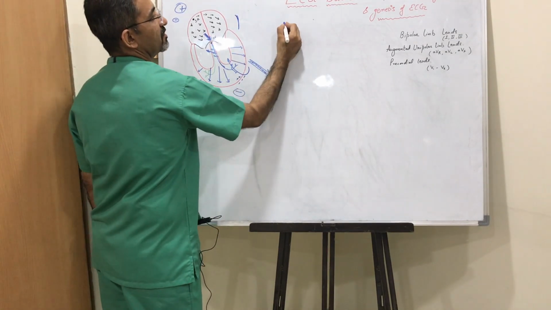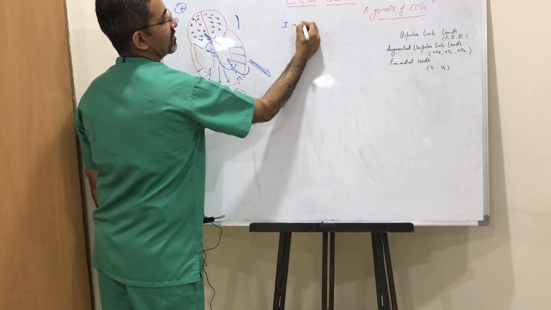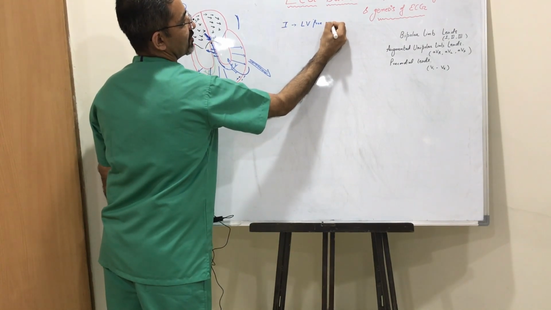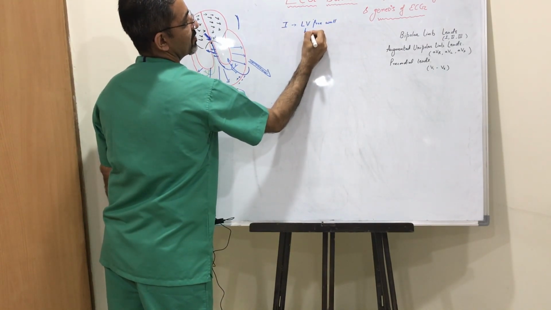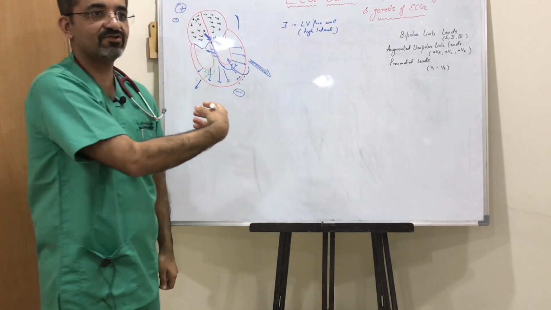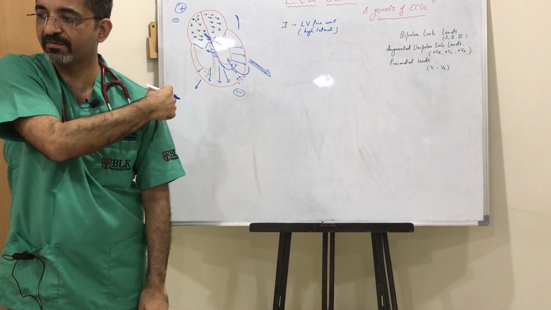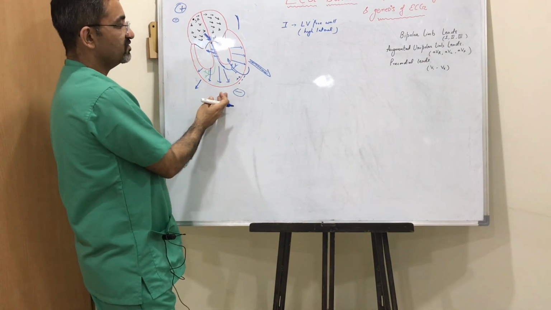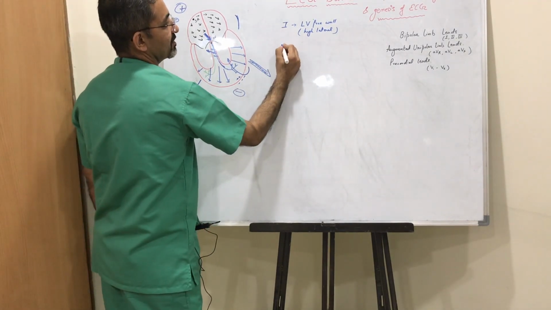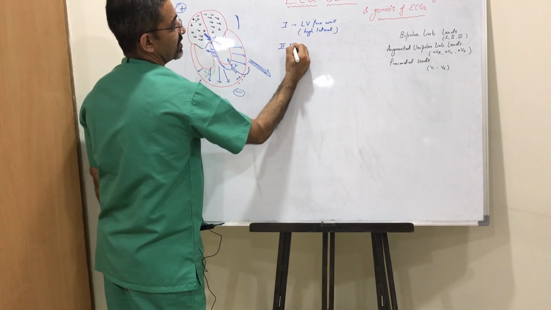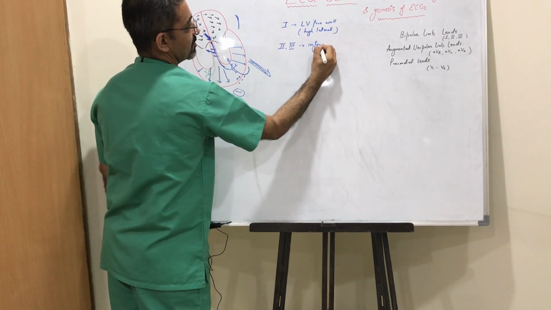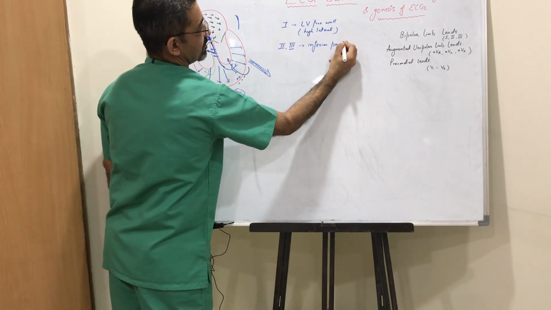So lead 1 is examining the left ventricular free wall, but it is high lateral, because the positive electrode is at my left shoulder. Lead 2 and 3 positive electrodes are at my left foot, so they are looking at the inferior part or the apex.